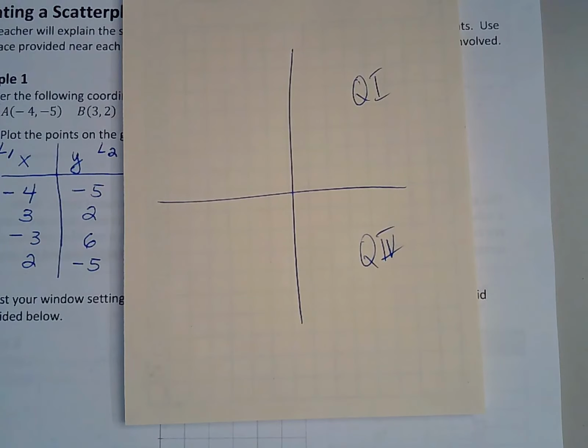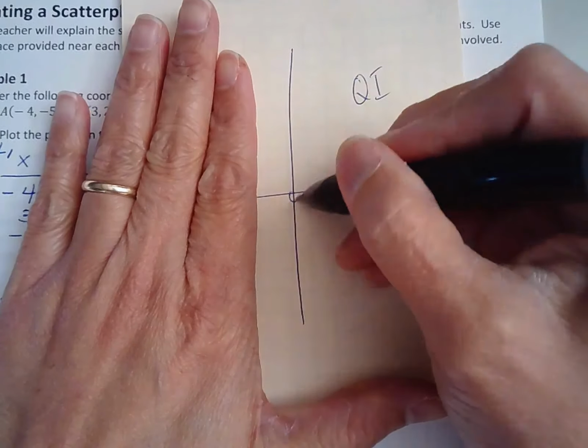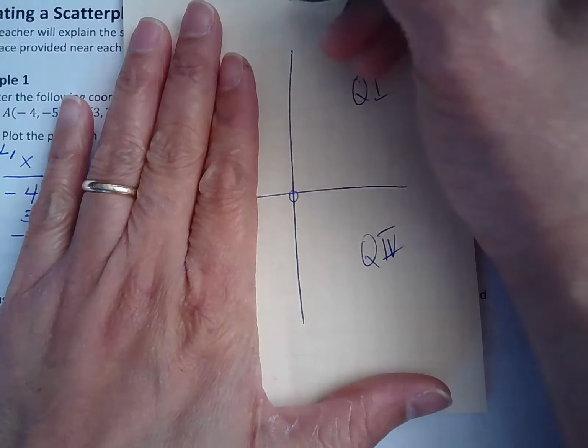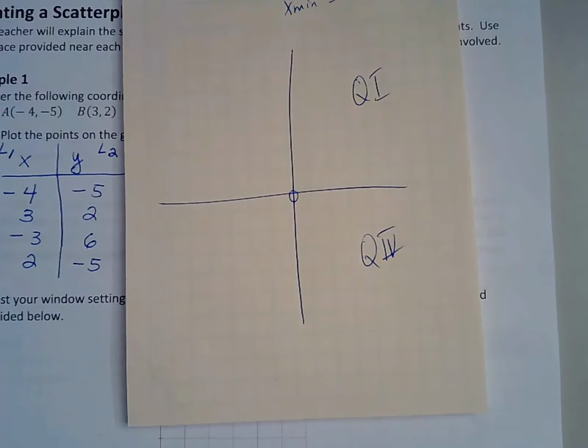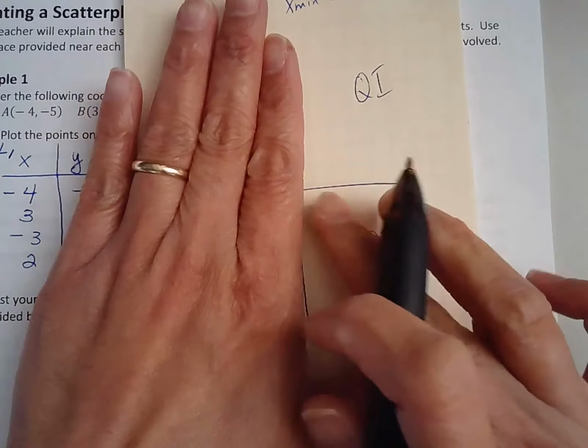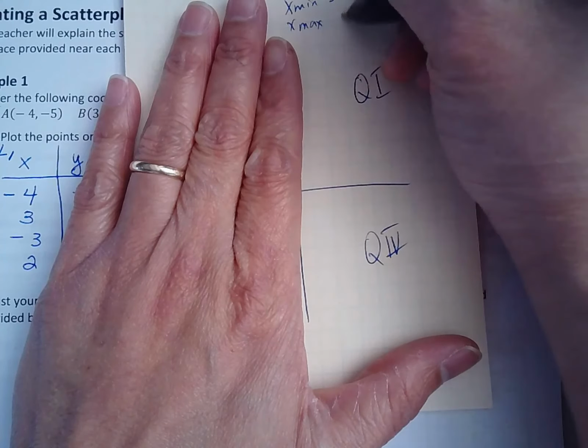Okay, what would be your x min, x max? X min is 0. What's your x max? 10. You want to go as far as 10. So x max is 10.